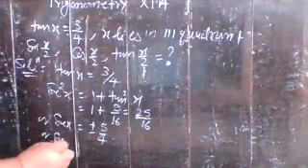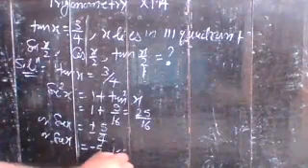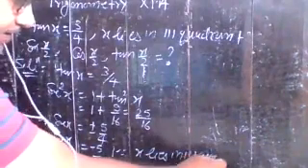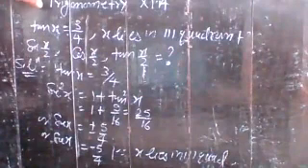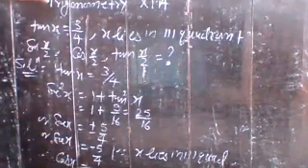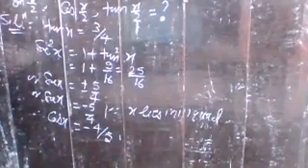So your final answer is sec x is minus 5 by 4, because x lies in third quadrant, that's why you take its negative value. So cos x is equal to minus 4 by 5, taking its reciprocal.